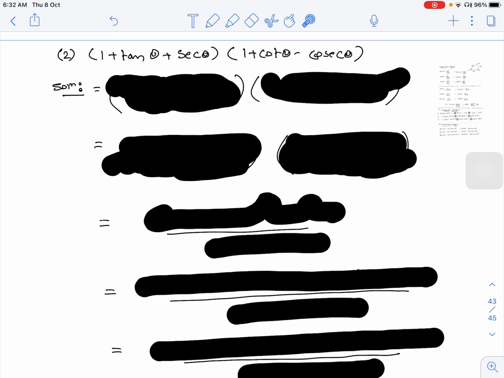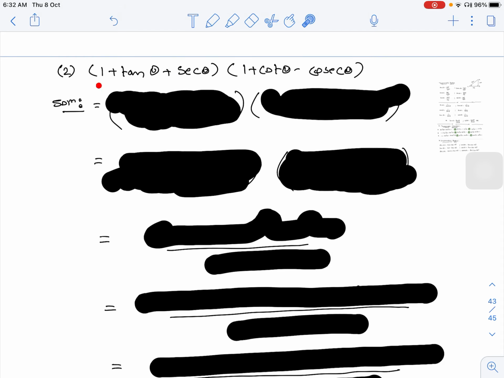Now in this example it is given to find the value of (1 plus tan theta plus sec theta), another bracket (1 plus cot theta minus cosec theta). Whenever we have such types of examples, let us see, can we write this in some other way or not?